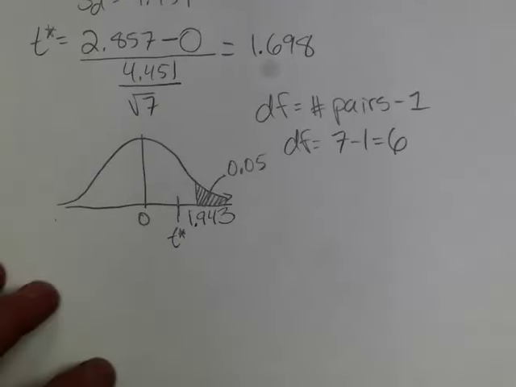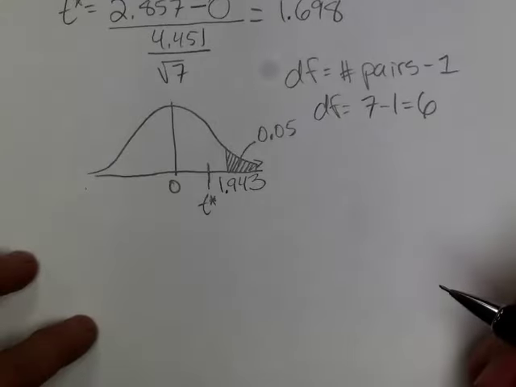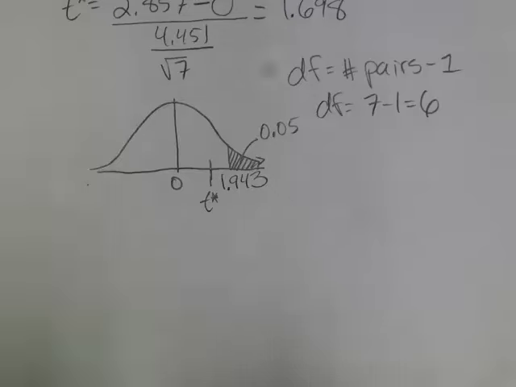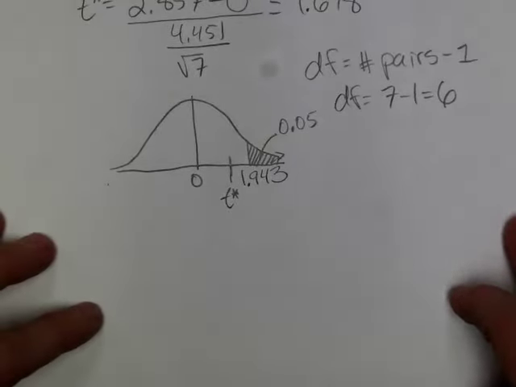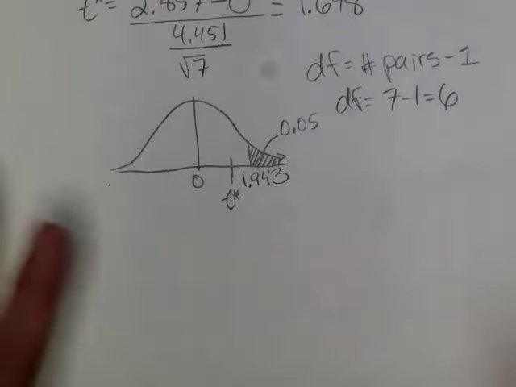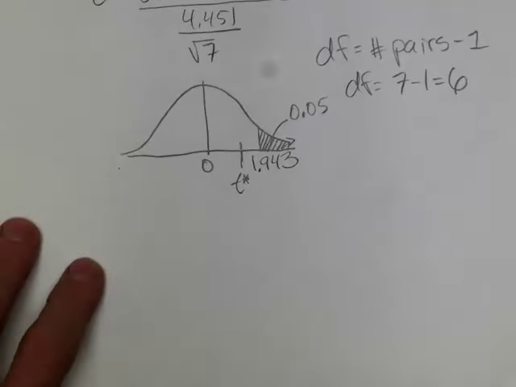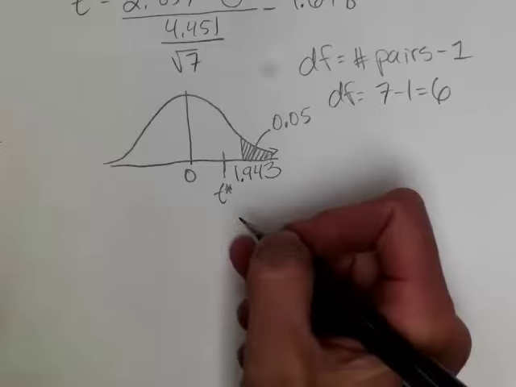Okay? So let's go ahead and get this again using the calculator. Now, there is no built-in paired t-test in the calculator. However, because this reduces to a single t-test by subtraction, I could go ahead and do just a single t-test on that third column.